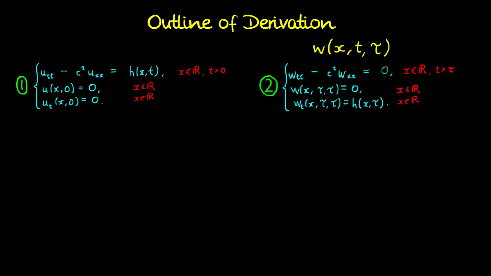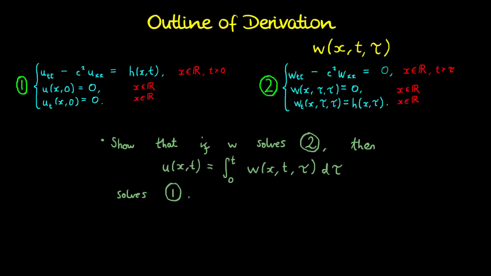Our approach to solve this problem will be to show that if w is a solution of problem 2, then if we integrate that solution w with respect to tau between 0 and t, and call that function u, then u is the solution to problem 1.